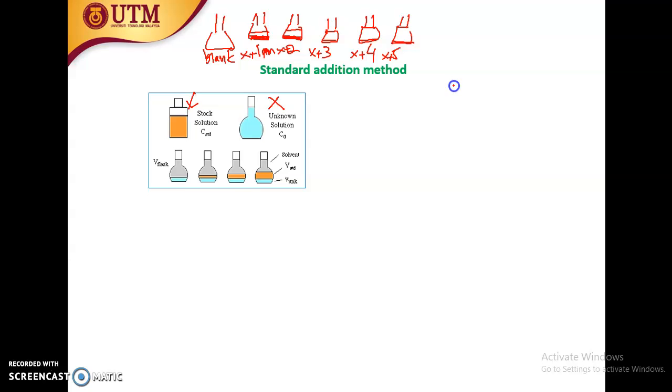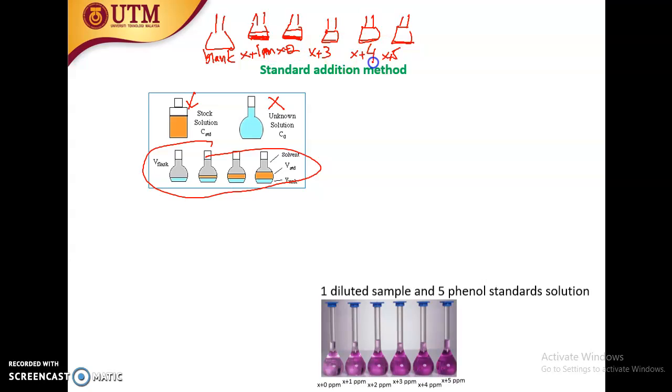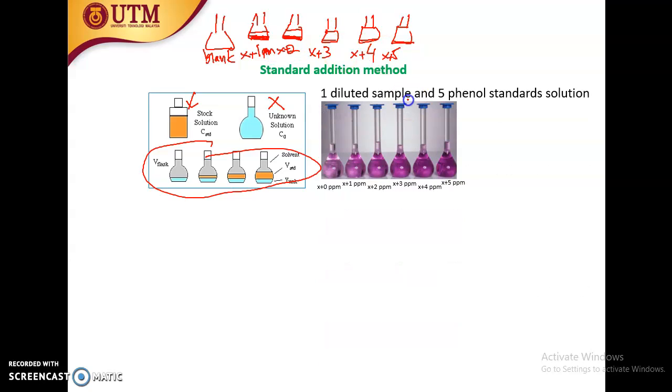Okay, so this is the diagram. You see the same volume of sample, blue, and then you have the increasing volume of standard solution because the concentration is increasing. Oh, by the way, I forgot about another one, which is x plus 0. You have to do x plus 0 as well.